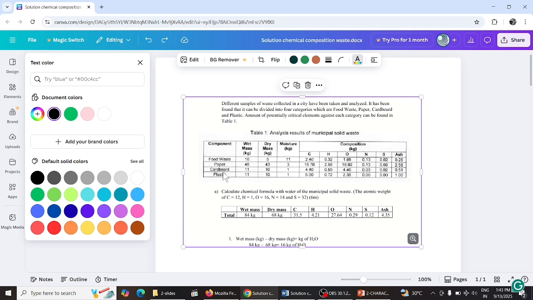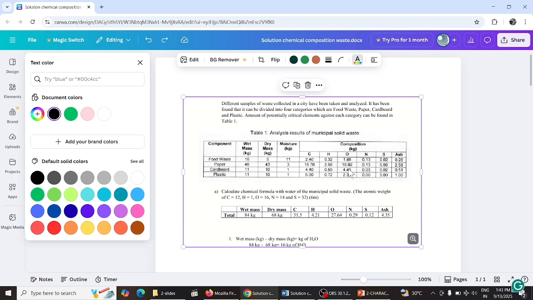So usually the oxygen is calculated by the sum of the percentage of carbon, hydrogen, nitrogen, sulfur plus ash. So we will total them up and then subtract from 100. So that will give you the oxygen. So already the oxygen percentage is given, so we don't need to do that.